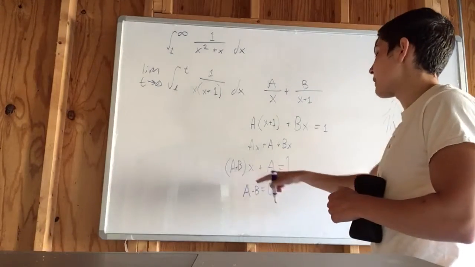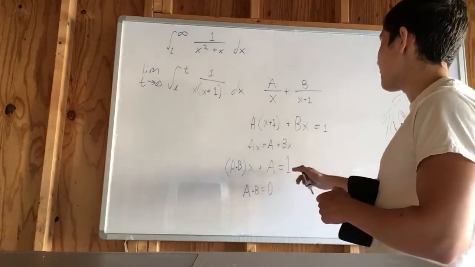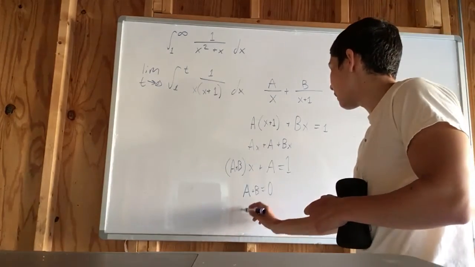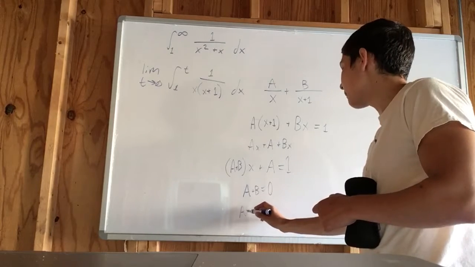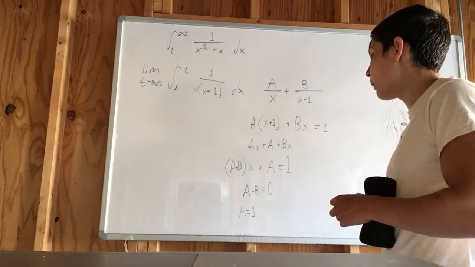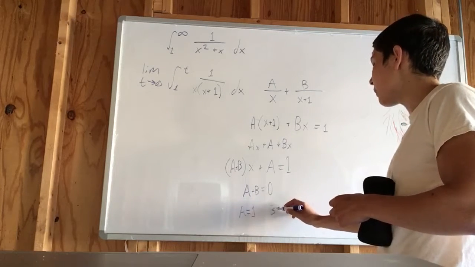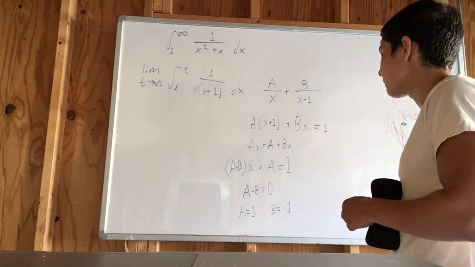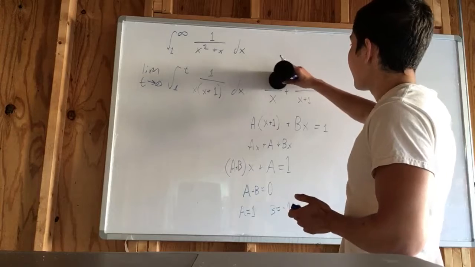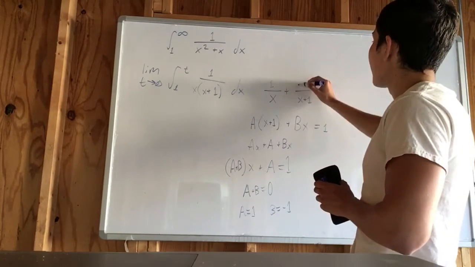We do have something which is just a constant, which is 1. So a equals 1. And if a equals 1, then b must equal negative 1 because it equals 0. So b equals negative 1. Now we plug this back in, and we have our two fractions.